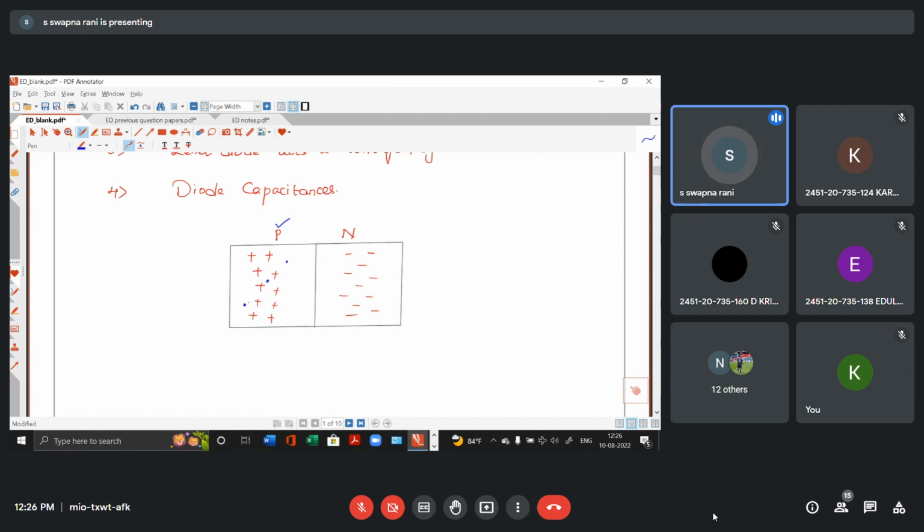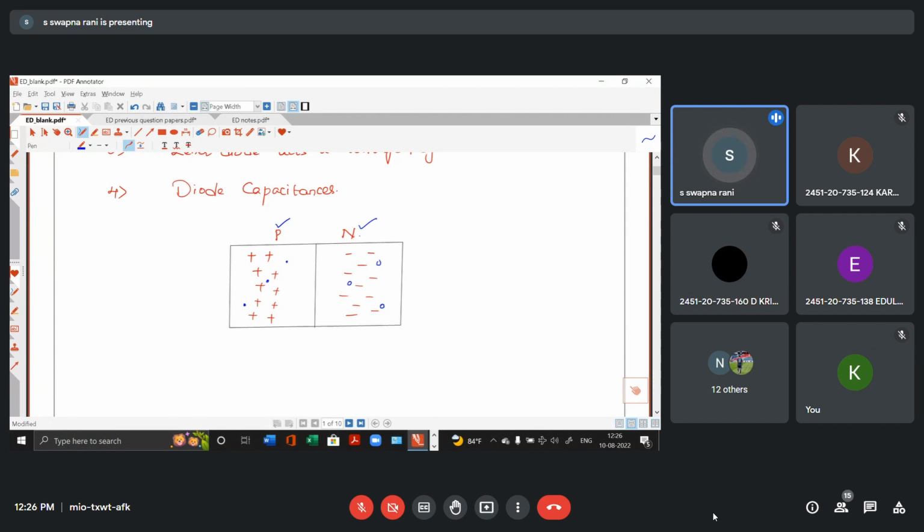These dots I am representing as electrons, and these circles I am representing as holes. So in the P-type region there are very few electrons and more holes. Similarly on the N side, these negative signs represent electrons.